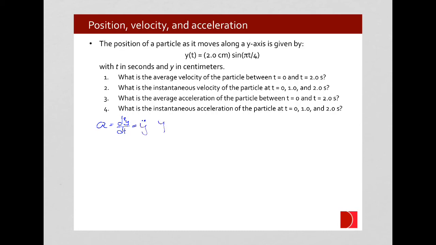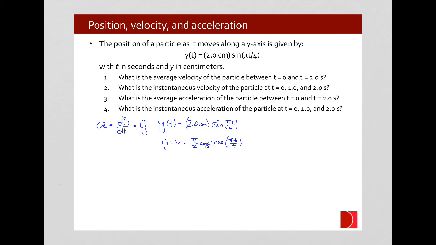We're given our position function, we take a first derivative, which gives us our velocity. We said that comes out to be pi over 2 centimeters times cosine of pi t over 4.